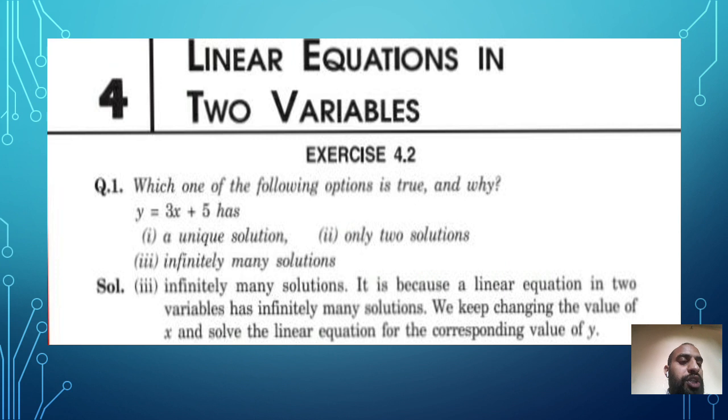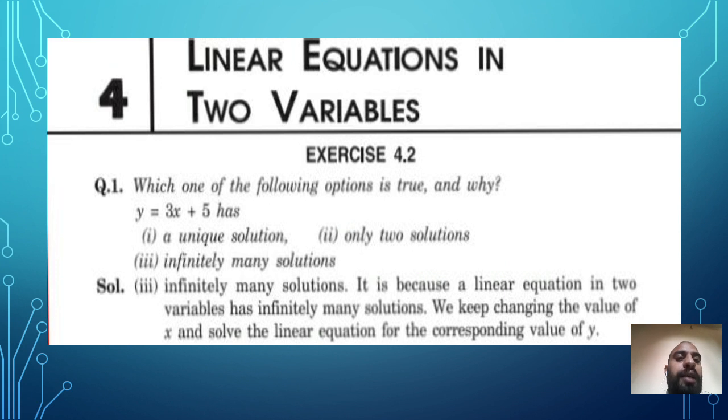Keep changing the value of x, and solve the linear equation to get the corresponding value of y. Even, my dear student, you can substitute a value of x here and find the value of y. 2-3 examples you can find out here. Here 3 into x is written. Consider x is 0. Then 3 into 0 is 0.